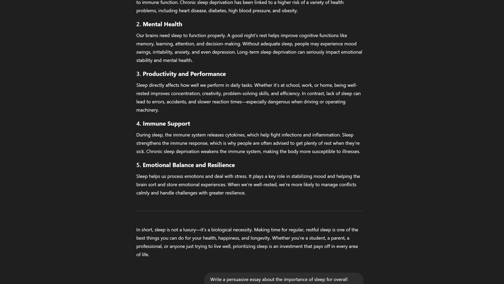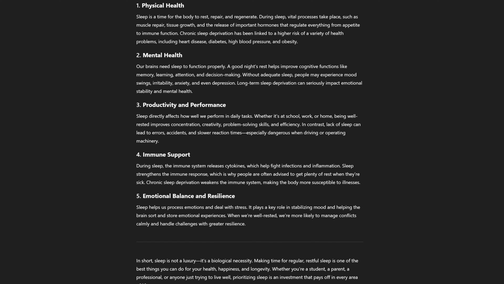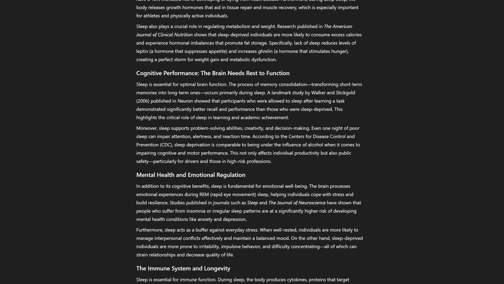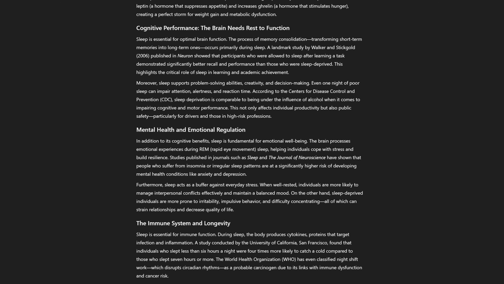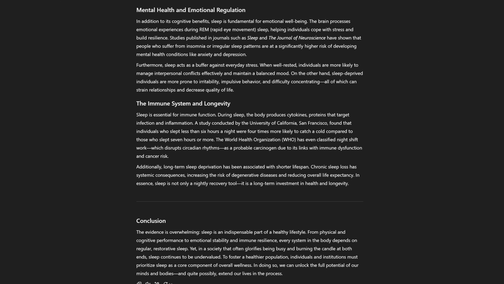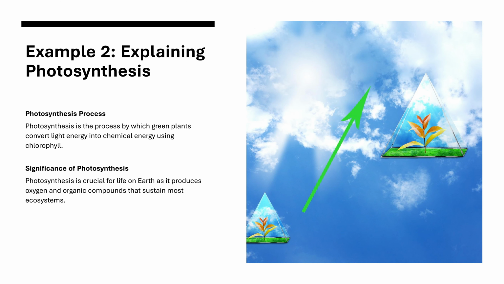But without priming, we simply write about importance of sleep, and then the chatbot will give answers based on whatever it finds suitable, or randomness. So you will get random answers because it's an open-ended question. However, with priming, it was not. It is open-ended, but it has to include some scientific evidence, and it has to keep in mind the importance of overall health. Likewise, let's move to the next question.